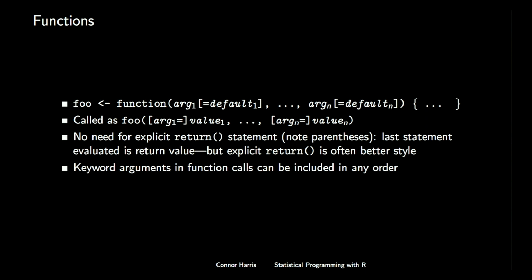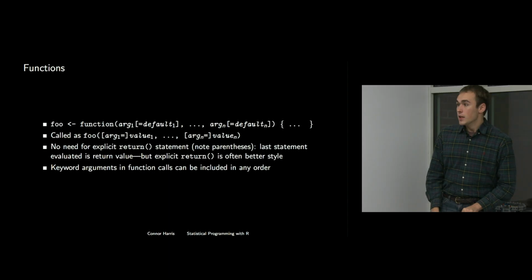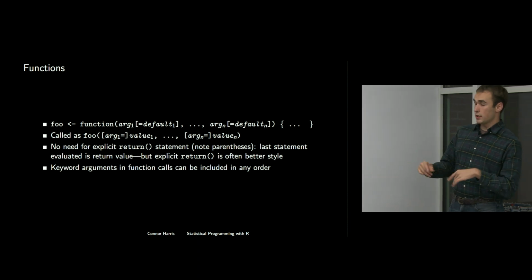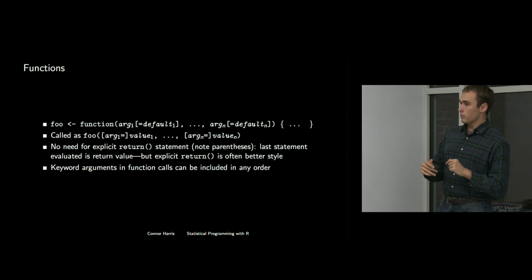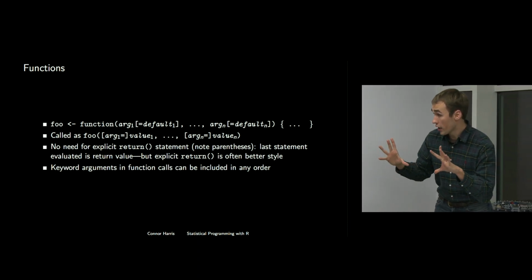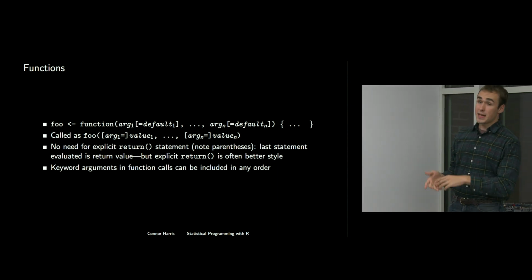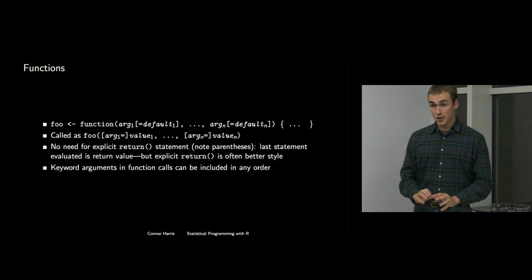So functions. The function syntax is a bit weird. Again, it's the name of the function, assign this keyword function, then the list of arguments. There are some nice things about how functions work here. For one, you can actually assign default values to certain arguments. So you can say foo is a function where arg1 equals something by default if the user specifies no arguments.